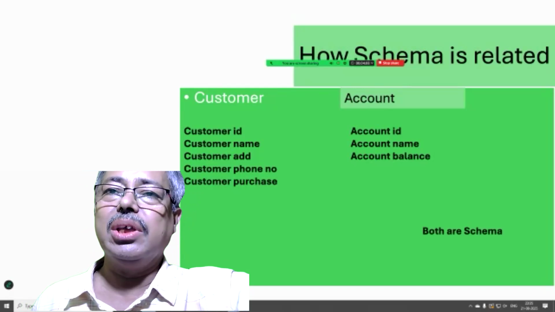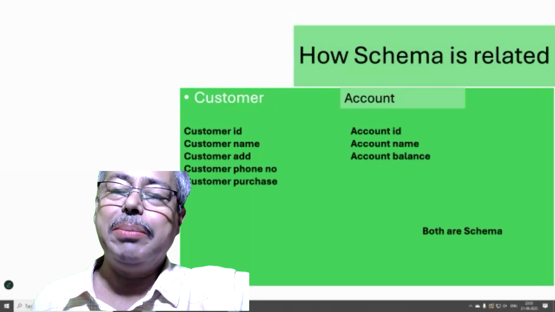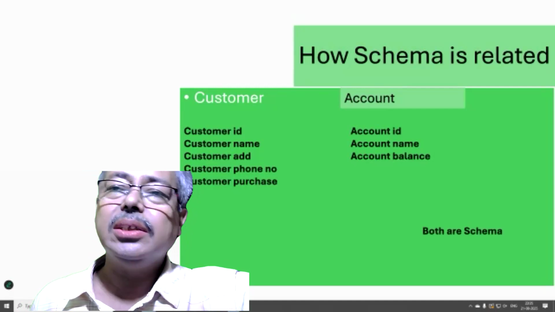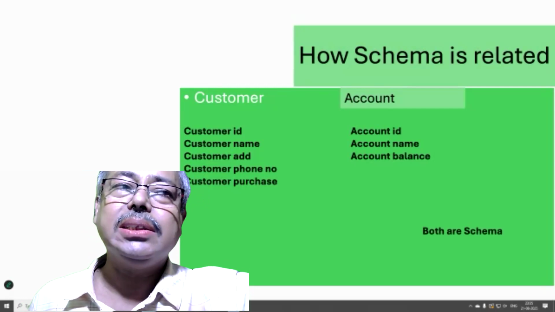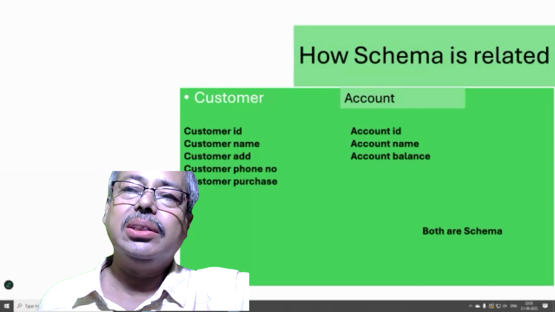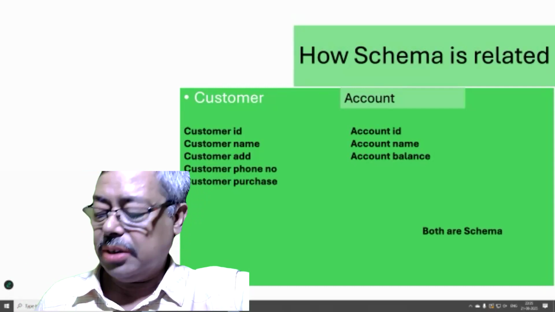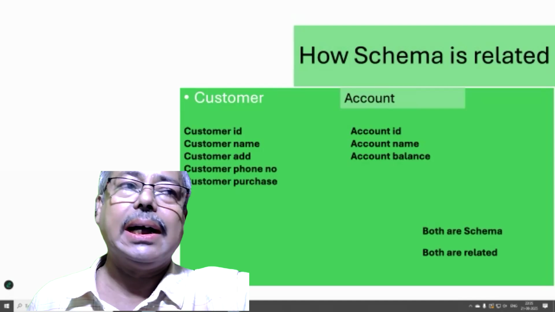In the same way, consider a bank account. When a customer goes to a bank and opens an account, what type of account it is, the account number, the customer ID, and the customer details are reflected in the schema. Customer ID is related with account ID.